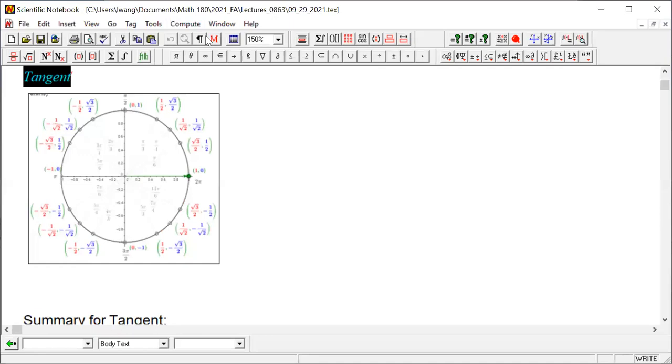By the way, I wish you guys would give me some feedback on whether you want me to go over these points on the unit circle tomorrow. I have prepared some material. So you guys want that.